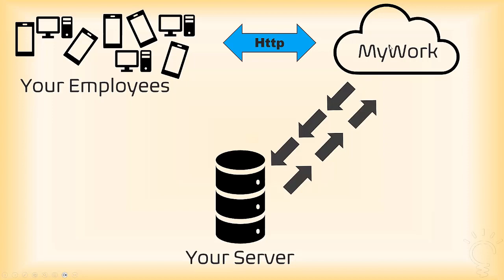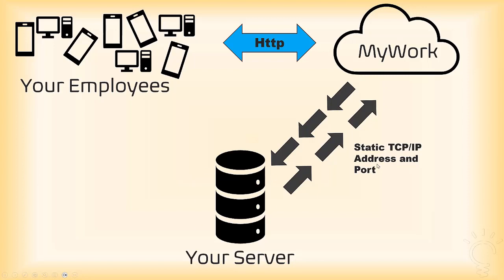MyWork will digest what your server sent back, validate what the user typed in, and allow them to move forward in the application. But this happens a lot during the process for each employee. So there's a lot of traffic that goes back and forth directly to your server. To make that happen, we need a static TCP IP address and port, because the MyWork cloud needs to know how to get to your server.